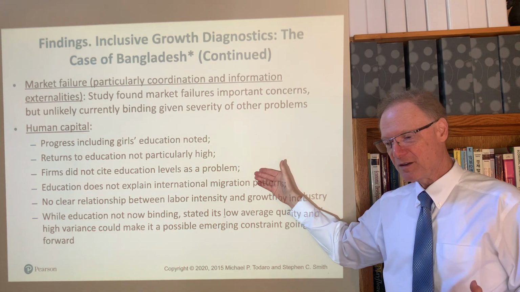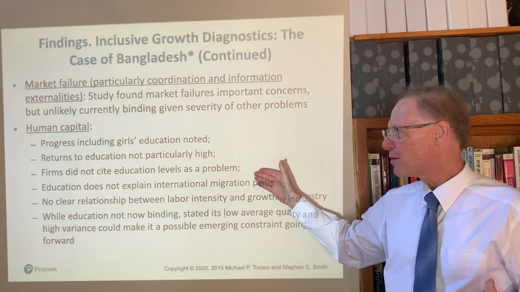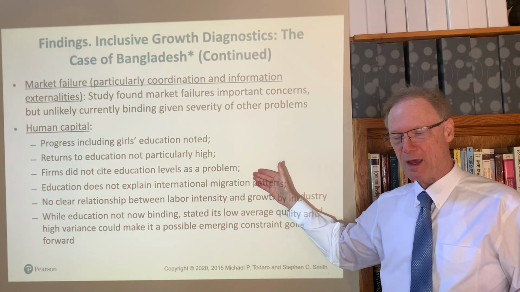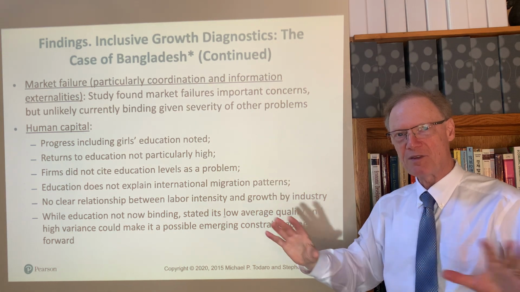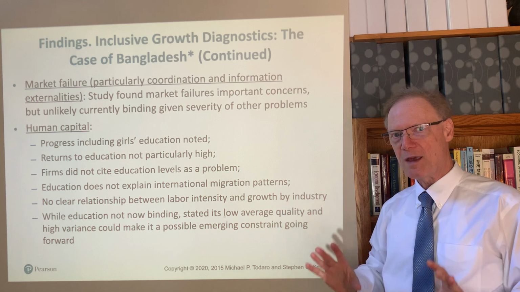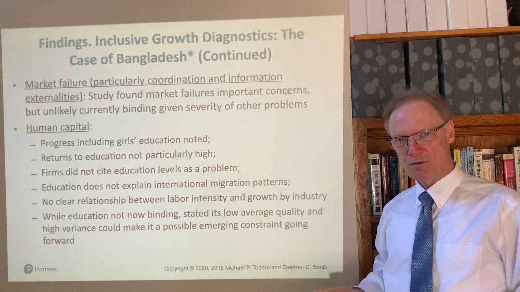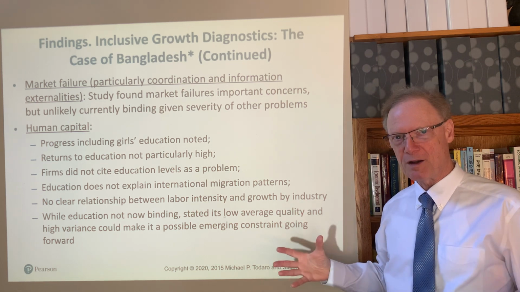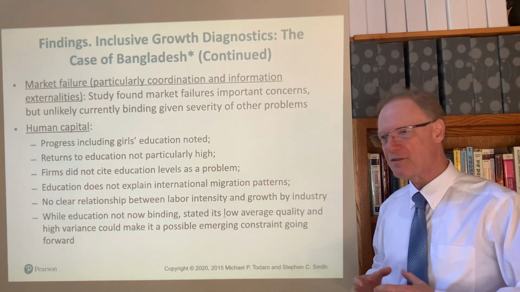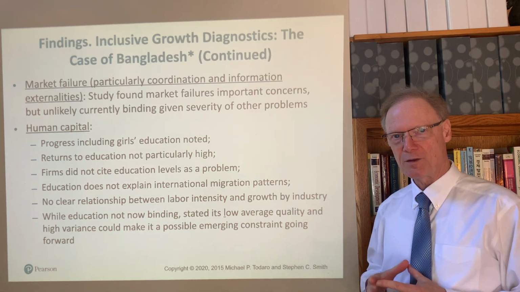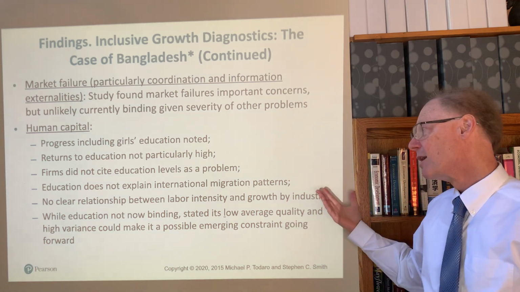Another piece of detective work was found when they used firm surveys. So surveying companies and asking them about what the problems are that they face as they try to grow and expand their businesses is another very important piece of information that's widely used. And firms did not cite education among the various constraints that they saw.